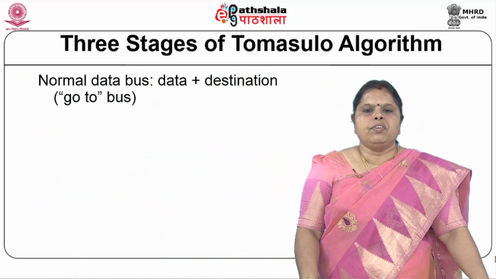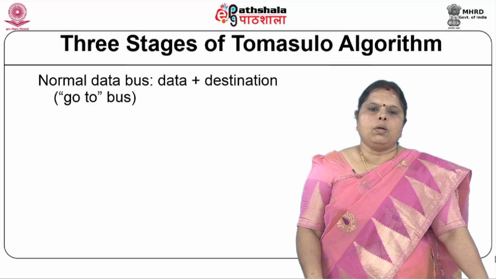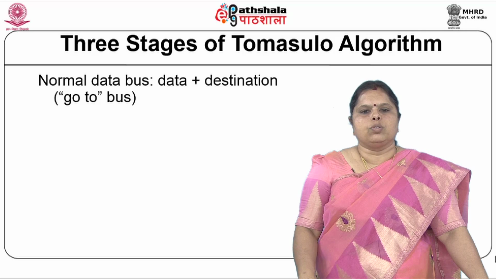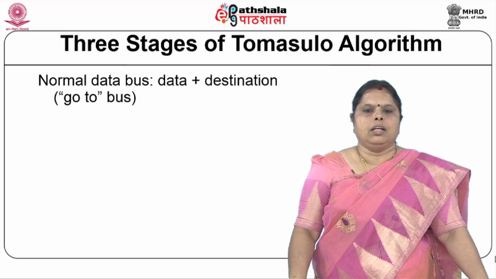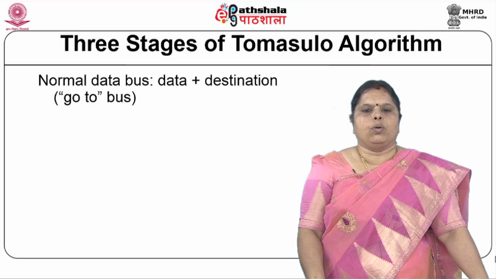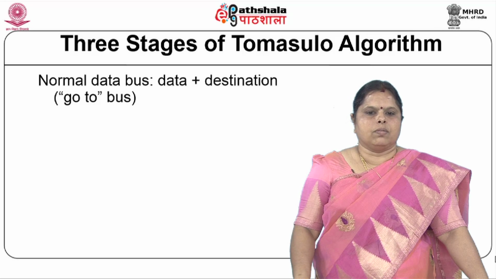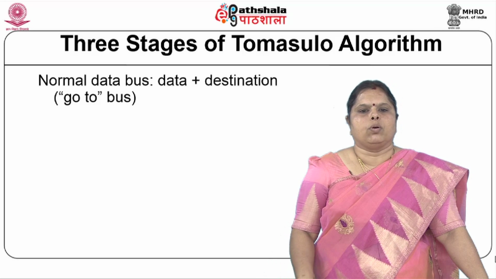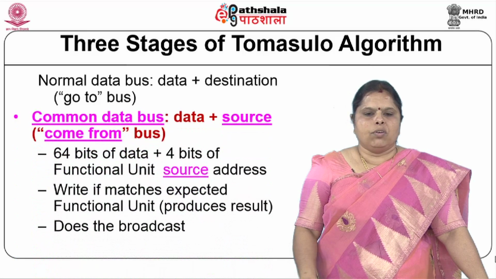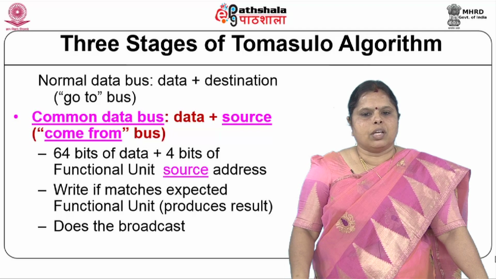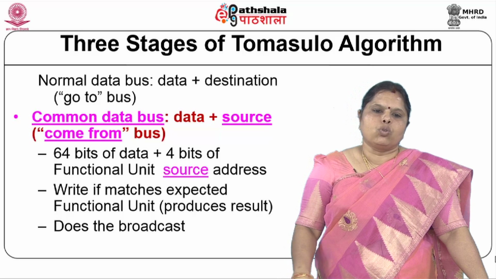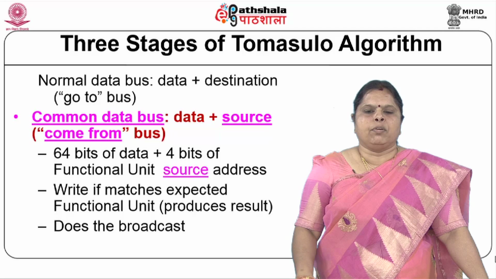And a difference between the common data bus and the normal bus that we are aware of is that in a normal data bus, normally what we do is we send the data and we also give the destination address. We say store this data at this particular address. So, the address is given, the data is given, the data gets written into that particular memory location. Now, in the case of a common data bus, you of course transmit the data, but it is not the destination that is given as in the case of a go to bus, it is the source information that is given.